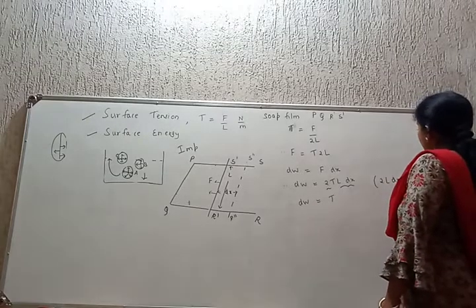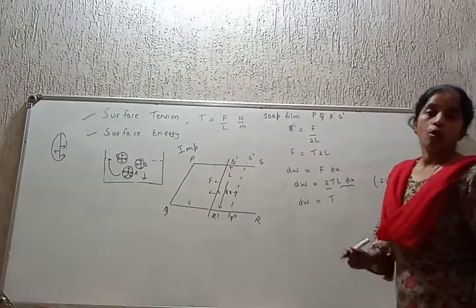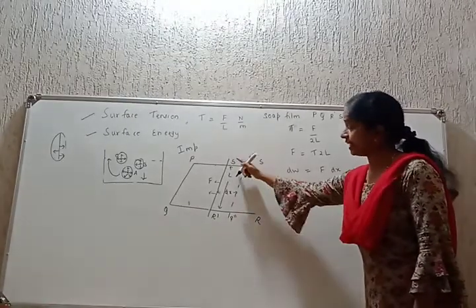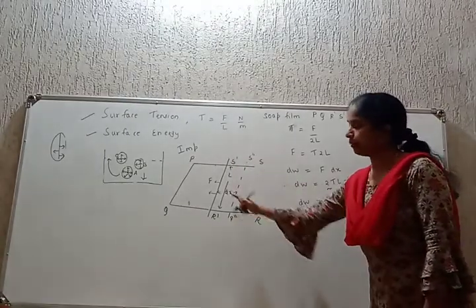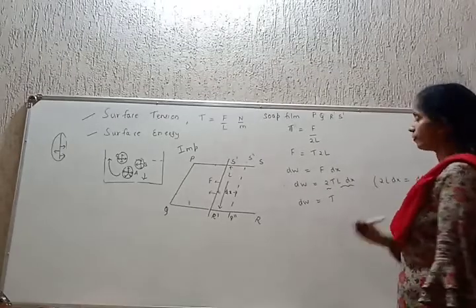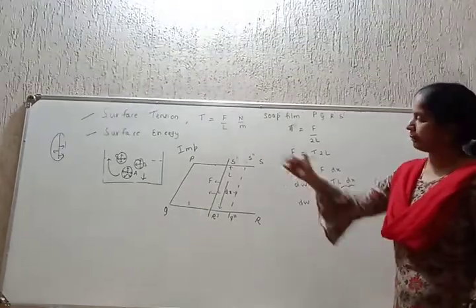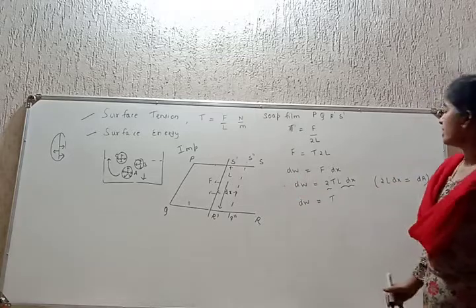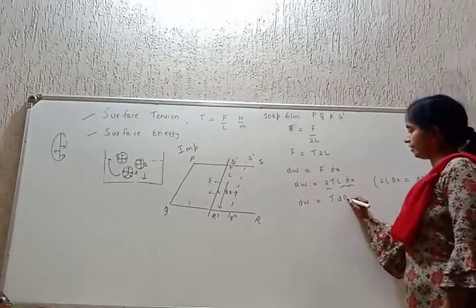It gives you the area of the small little rectangle formed, which is S dash, S double dash, R double dash, R dash. That is the area of the rectangle. Very easy. You see a parallelogram, but because it is 3 dimensional, I have no choice. Okay? T dA.